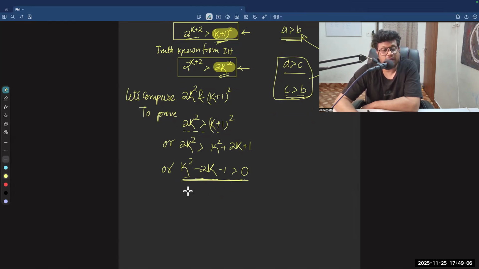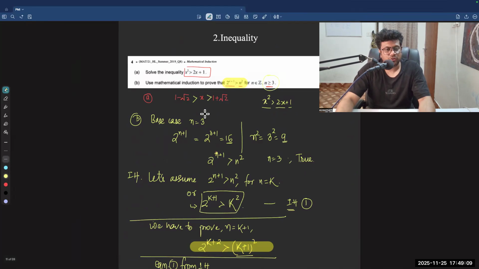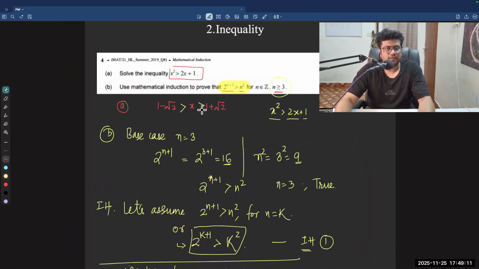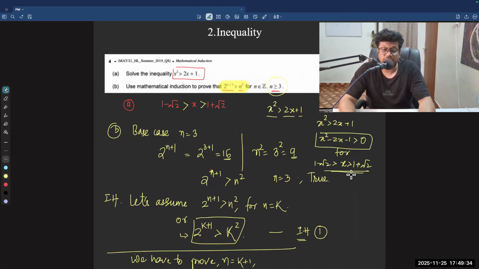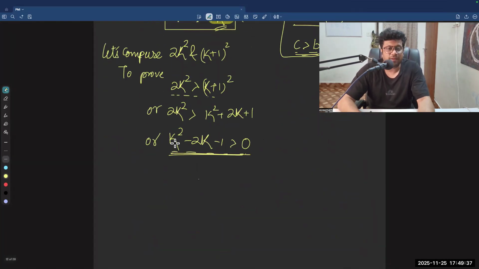Let's see. If you go to the first part of this question, you have already proven that x square is greater than 2x plus 1, or x square minus 2x minus 1 is greater than 0, for x greater than 1 plus root 2 and lesser than 1 minus root 2. You have already proven that this is greater than 0 for this set of values of x. What does that mean? It means this should be greater than 0 for k greater than 1 plus root 2 and lesser than 1 minus root 2.